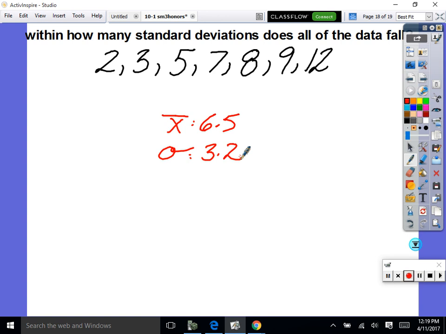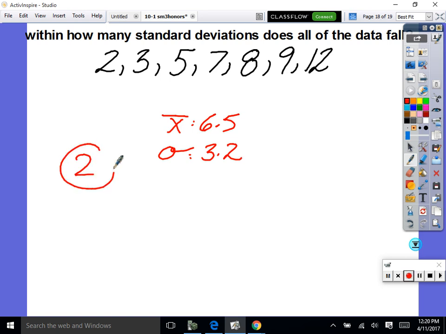So you'll do 6.5 plus 3.2 plus 3.2, still not, oh, there it is. 2 standard deviations to get to 12. Oh, no, yeah, 12.9. And then 2 is our lowest, so 6.5 minus 3.2 is 3.3, still not there. So minus 3.2 again is 0.1. So within 2 standard deviations.